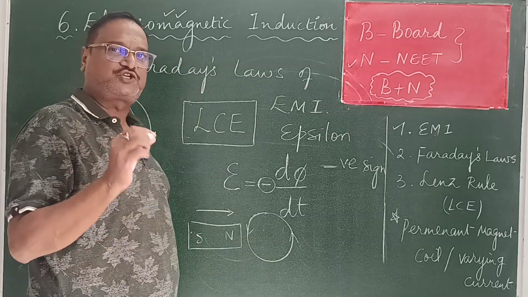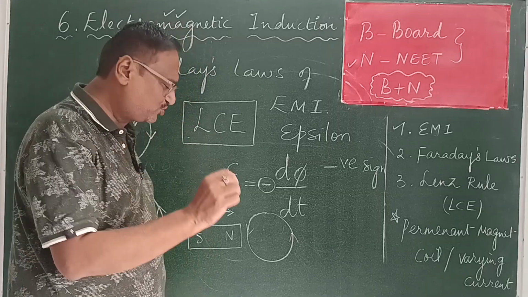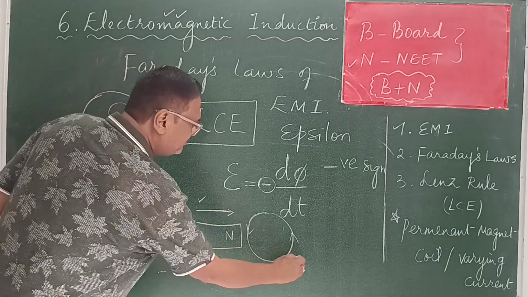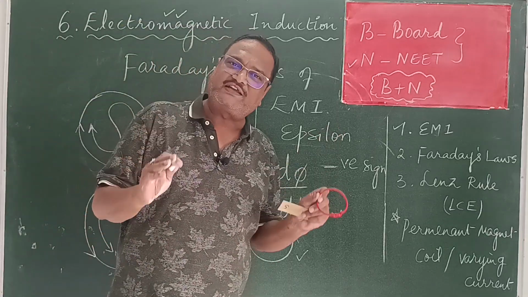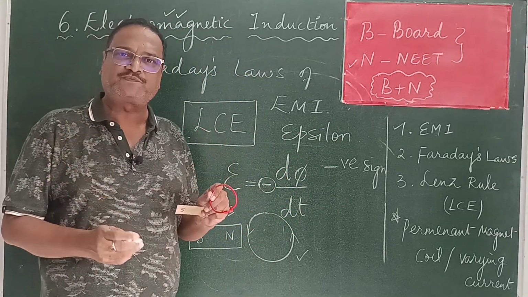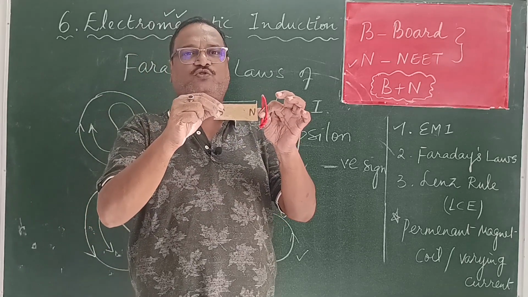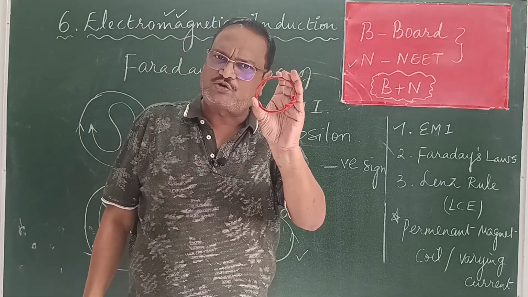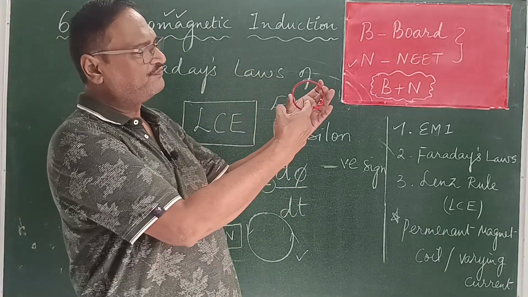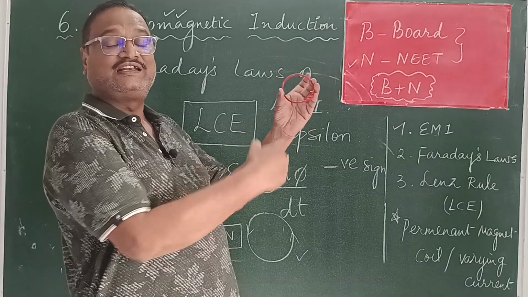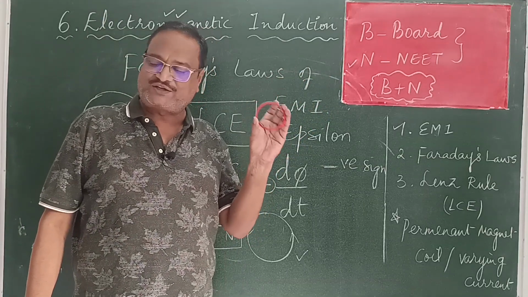So, according to the law of conservation of energy, it holds good that one energy is transformed into another energy. So it obeys the law of conservation of energy if this is north pole and this should be north pole. If this is north pole, what should be the direction of the current in this? What should be the direction? Anti-clockwise. We can find out the direction of the current from that only.